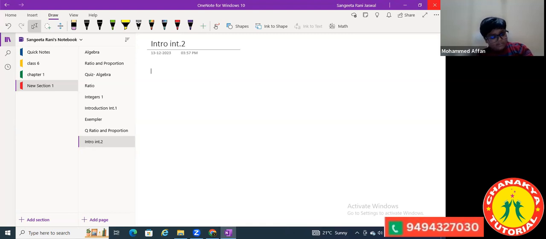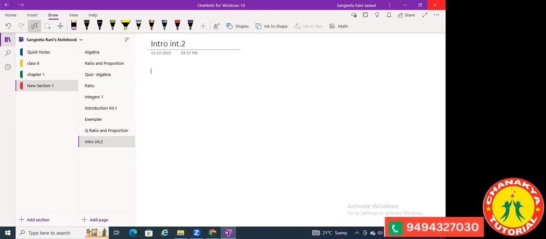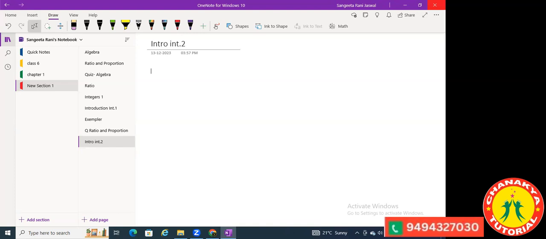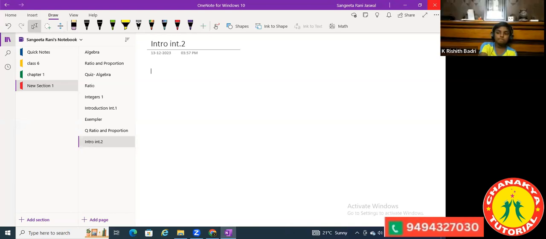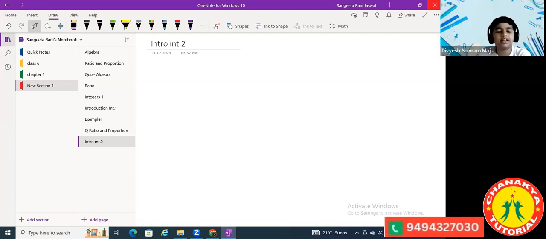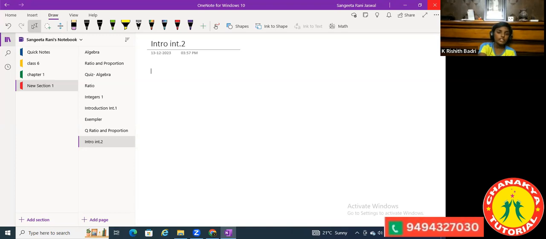Ma'am, whole numbers are the numbers starting from 0 to infinity. Great. And what are natural numbers? Natural numbers start from 1 to infinity, and whole numbers from 0 to infinity.